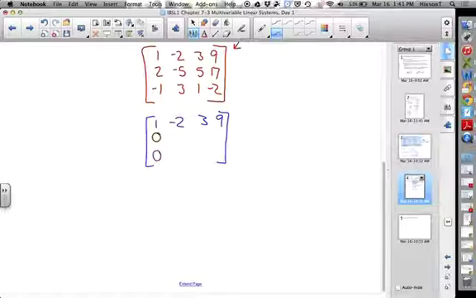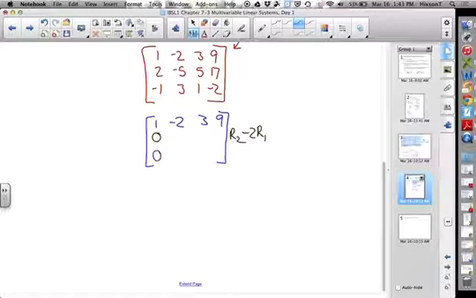I have 2. And I'm going to do something with row 2 and row 1. So what do I need to do with row 1? 1 times negative 2 plus 2. That's right. We're going to multiply that row 1 by a negative 2. So row 2 minus 2 row 1.